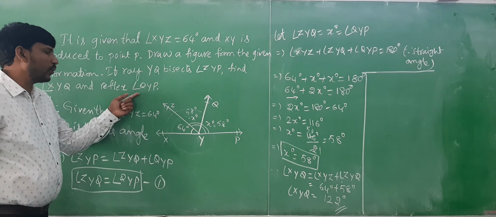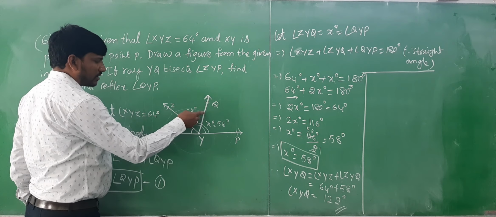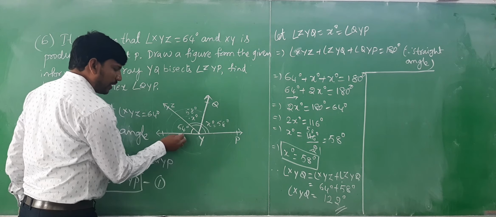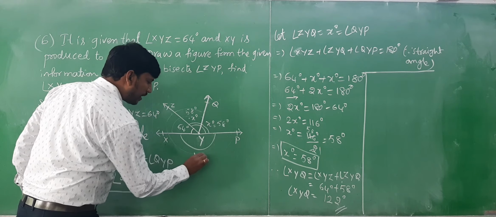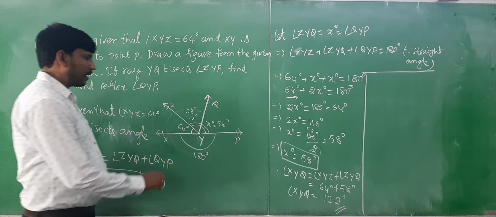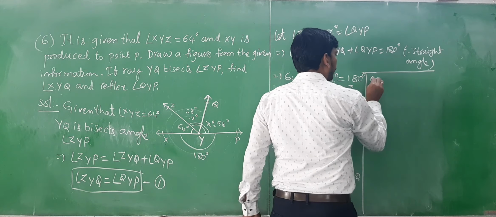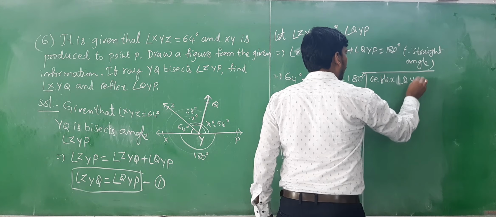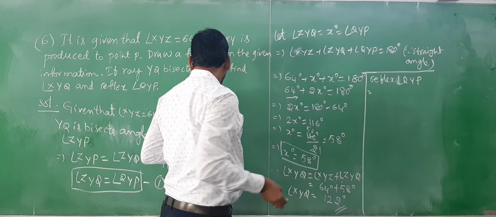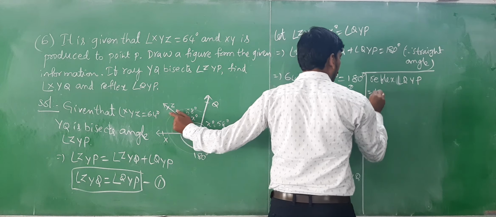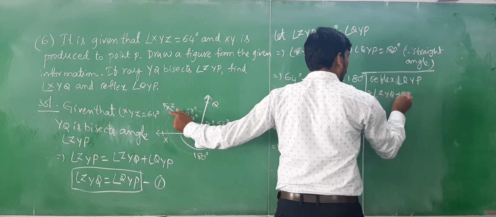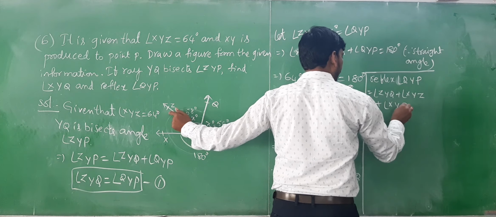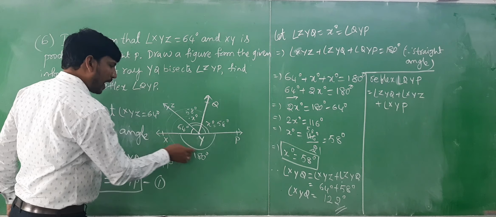Now the reflex of QYP means from here, the reflex angle, from here up to here. From here to here it is 180 degrees because it is a straight angle. So here I will write reflex of angle QYP is equal to angle QYZ, that is ZYQ, plus angle XYZ plus angle XYP, this total angle.